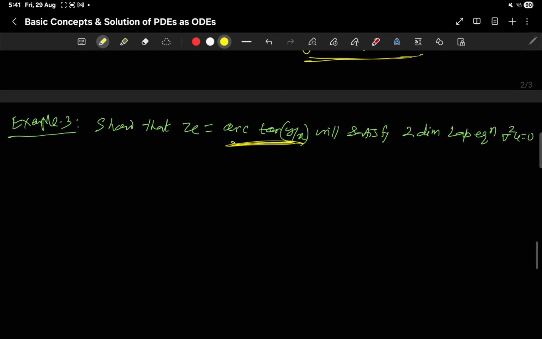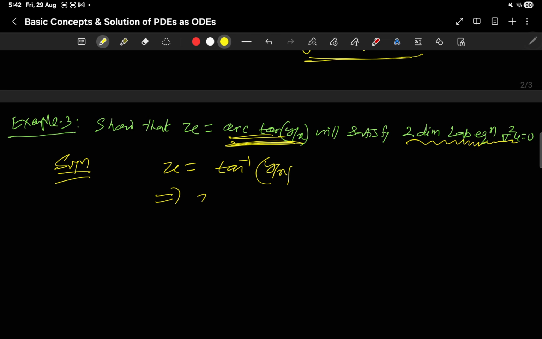Anyway, coming to one example in this point of view, you are given u is equal to arctan y by x. Verify that it will satisfy this two-dimensional Laplace equation. So let my u is equal to arctan, that means tan inverse y by x. So what is your ux? Derivative of tan inverse is 1 by 1 plus y square by x square, and again by chain rule the derivative of y by x, so into minus y by x square.